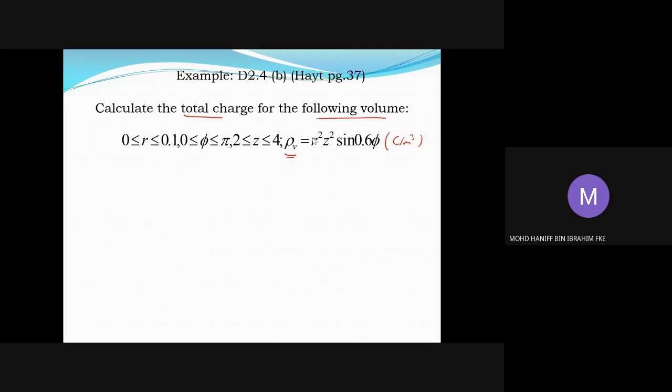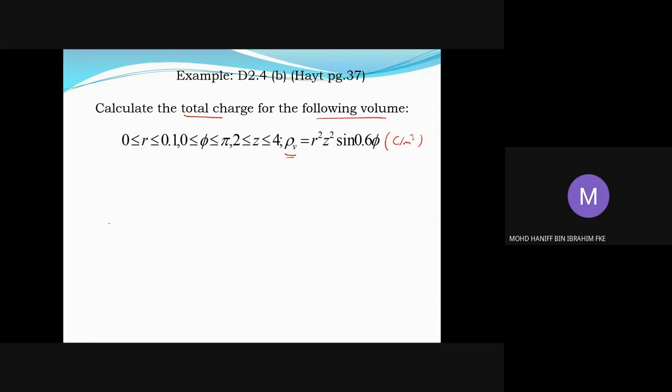We know that from the given coordinates R, phi, and Z, we are dealing with the cylindrical system of coordinates. We learned this in our class last Monday: R, phi, and Z are related to the cylindrical system.